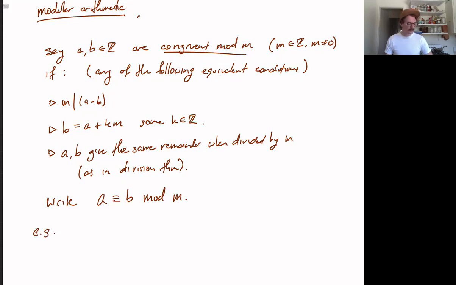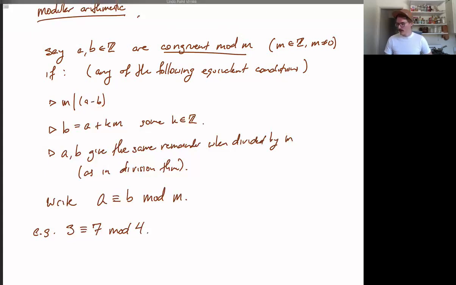So, for example, 3 is congruent to 7 mod 4. So let's check this. Their difference is 4. So 4 clearly divides that. That checks out. Or another way of saying it, 7 is 3 plus 1 times 4.